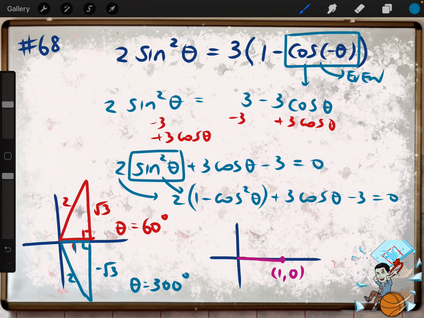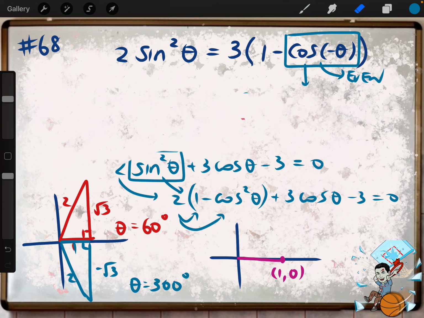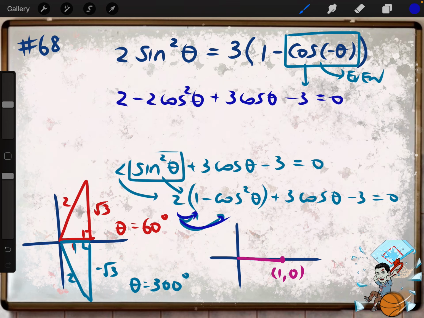Okay, so I'm going to distribute the 2. I'm going to have to erase stuff on top in order to write the rest. Use a different color. That distribution is going to give you 2 minus 2 cosine squared theta plus 3 cosine theta minus 3 equals 0.